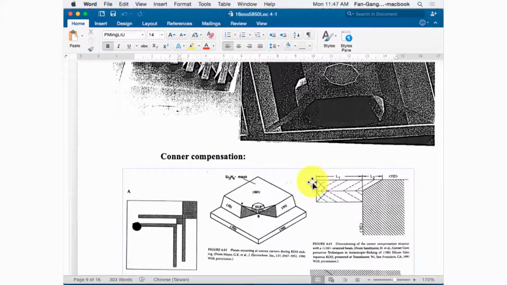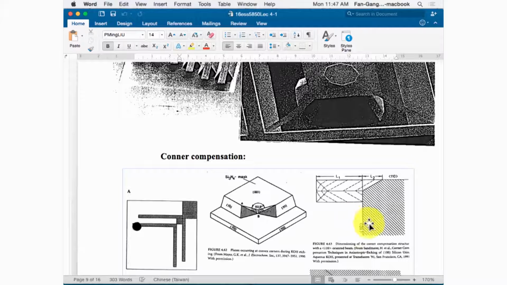So we can etch down to the surface to form the mesa structure on the other side. But on the corner, because we still have some mask material over here, it will not touch the corner until a certain time. So you can design the length and the width to protect the corner according to the depth you want to etch down.